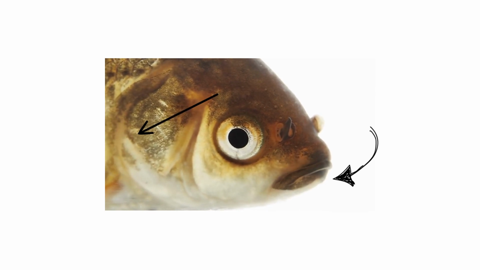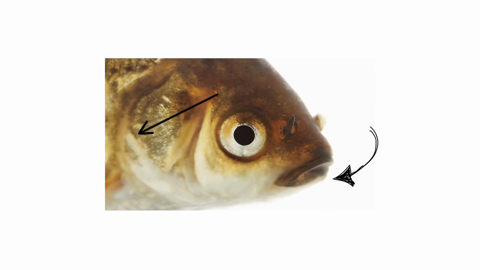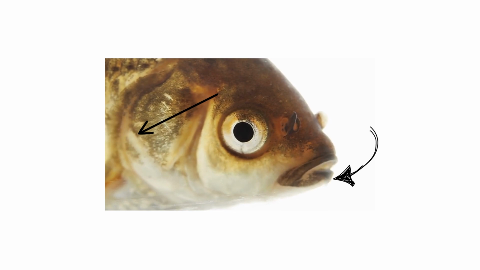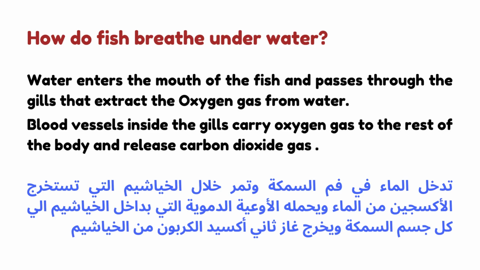Okay, so here water enters the mouth of the fish and passes through the gills that extract the oxygen gas from the water, and the blood vessels inside the gills carry oxygen gas to the rest of the body, okay, and to all the body, and release carbon dioxide gas.